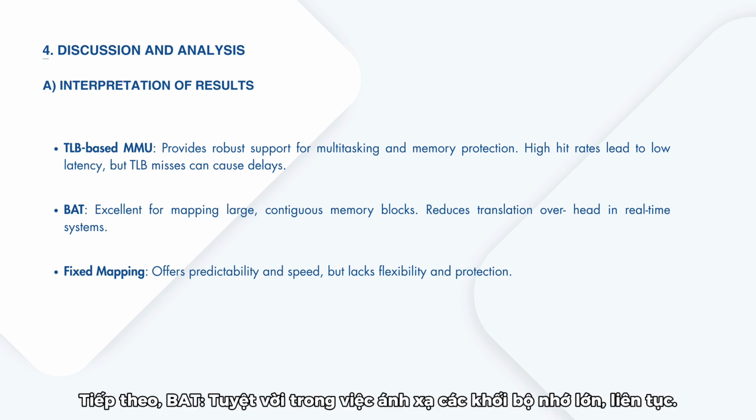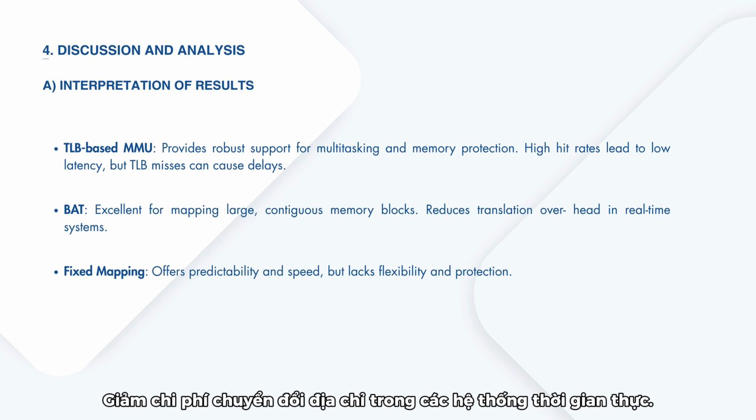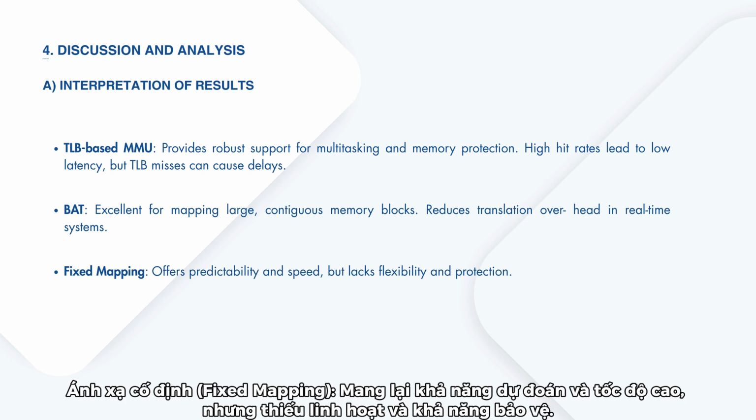Next, BAT, which is excellent for mapping large, contiguous memory blocks, reducing translation overhead in real-time systems. The third is fixed mapping, which offers predictability and speed, but lacks flexibility and protection.